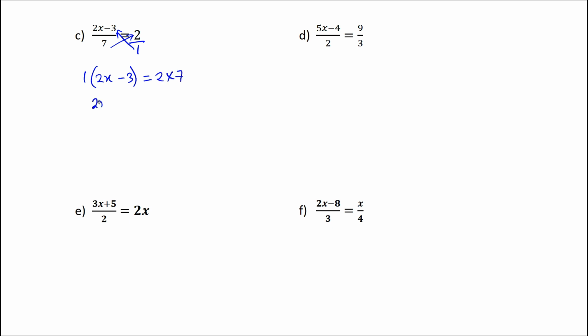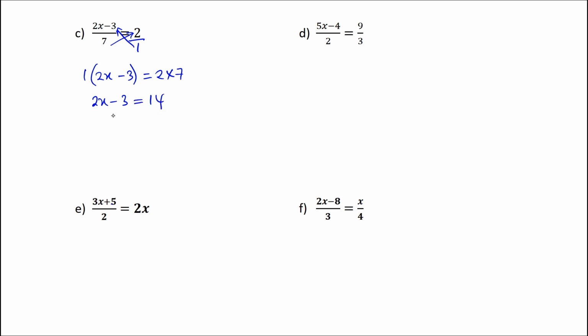So 2x minus 3 will be equal to 14. So add 3 on each side. So we'll end up with 2x will be equal to 17. And then the opposite of multiplying by 2 is dividing by 2. So x will be equal to 17 over 2.